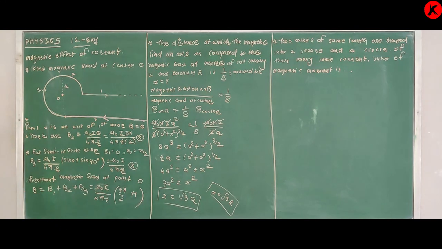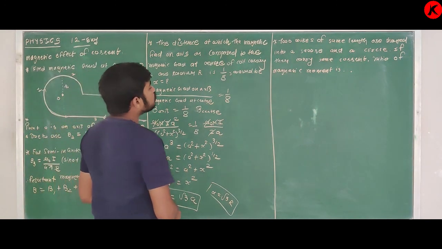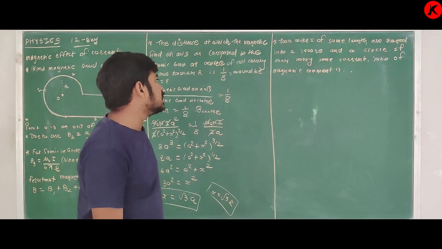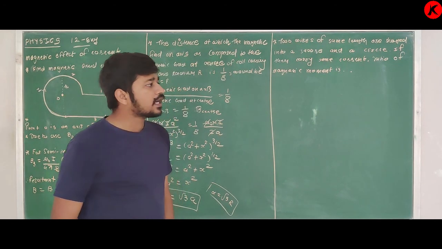Okay. So next question, let me check, is it visible or not? Now next question, two wires of same length are shaped into a square and a circle. If they carry same current, then find ratio of magnetic moment.